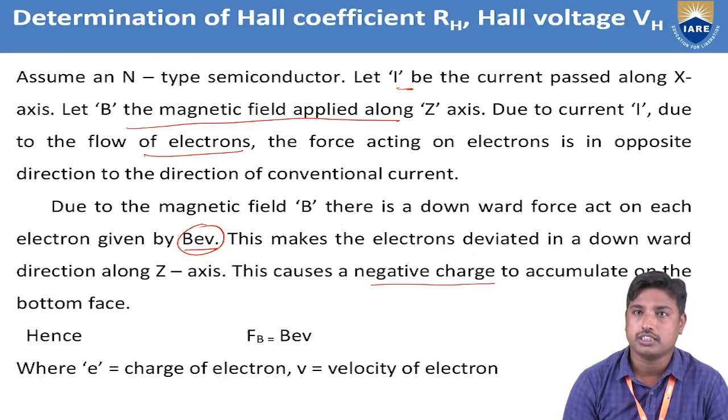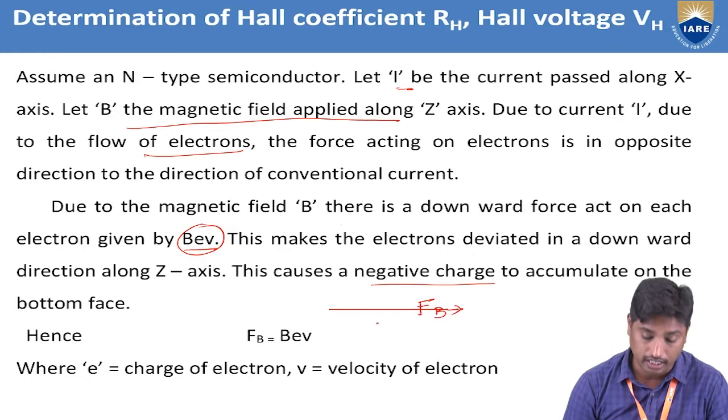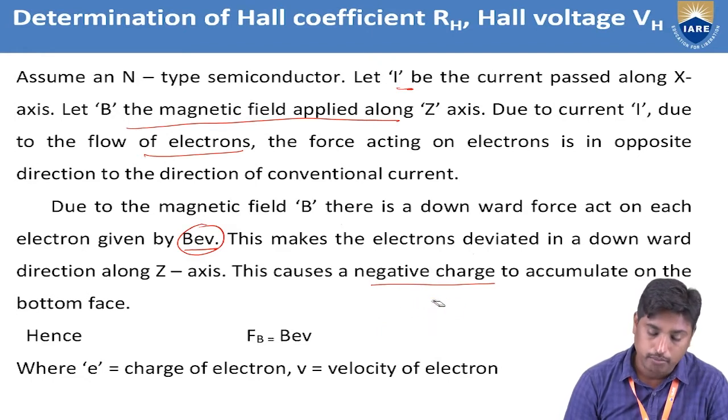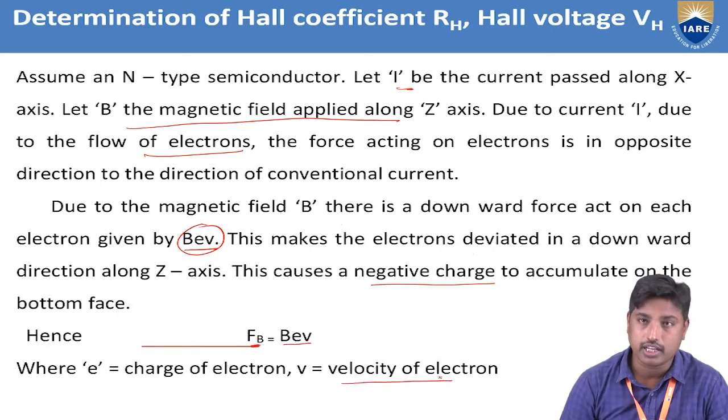So some potential difference is created between face 1 and face 2. Here FB represents the force due to the magnetic field. So clearly, the force due to the magnetic field is FB equals B into e into v, where e is the charge of the electron and v is the velocity of the electron.